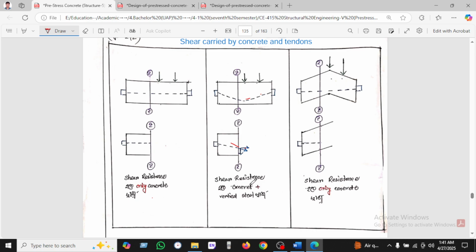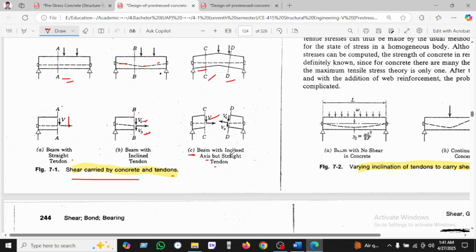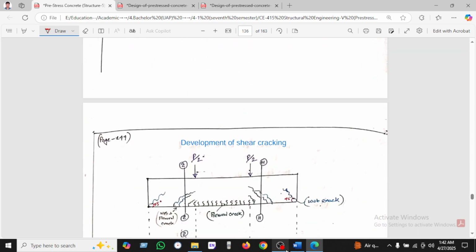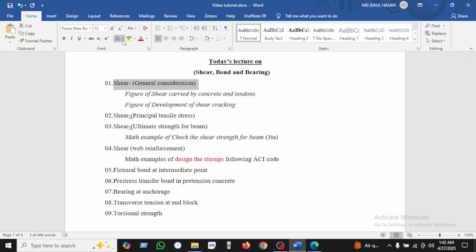The third one is the beam with inclined axis but straight tendon. The tendon is straight but the beam is inclined, so the shear resistance will be only by the tendon. These are the figures of the shear carried by the concrete and tendon.